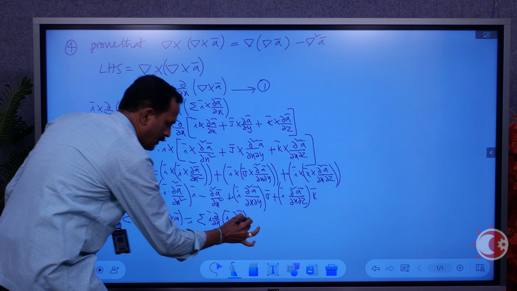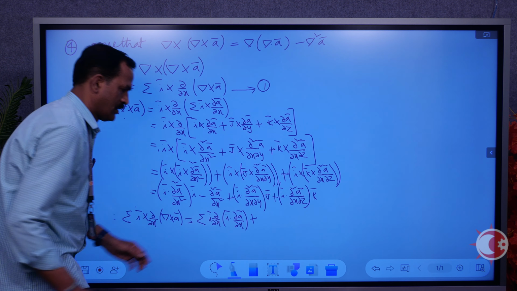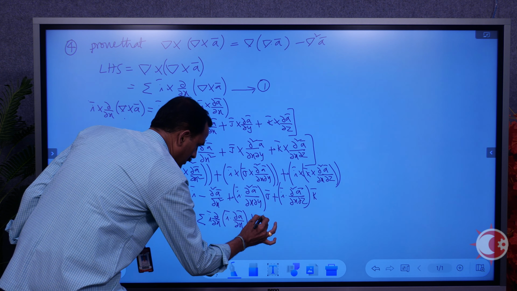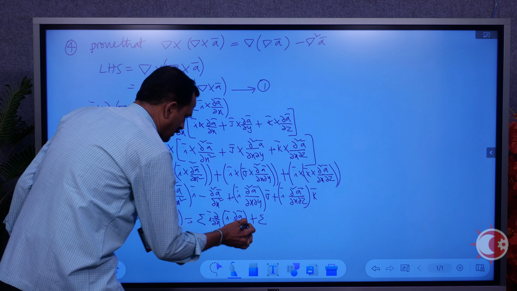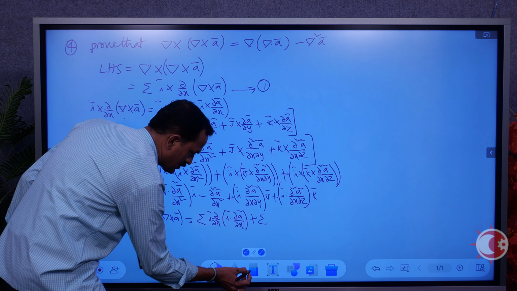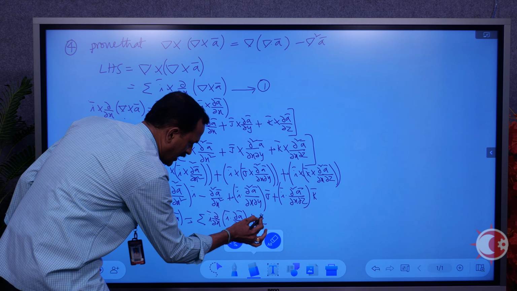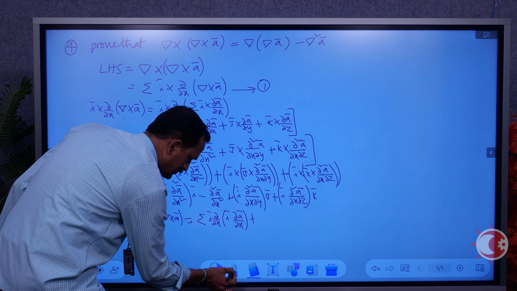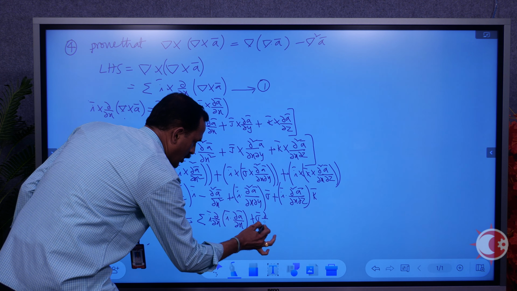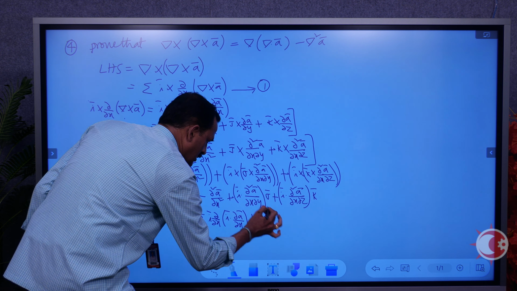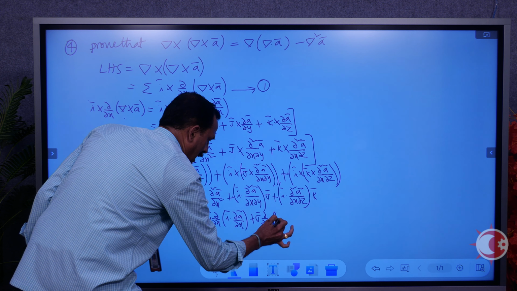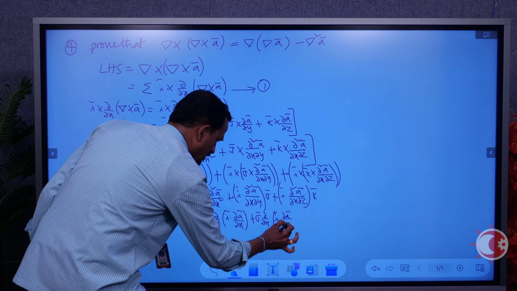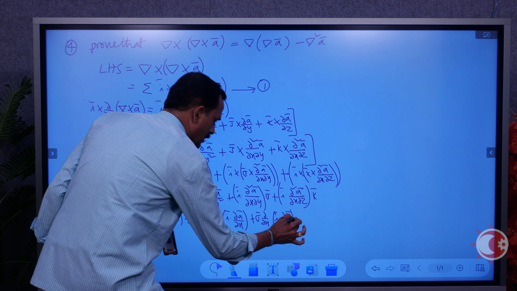Plus, coming to this term, applying sigma again, writing j bar. You can write sigma as a whole, no need to write sigma again here. Now what about this? j bar into ∂/∂x of i bar dot ∂a bar/∂x∂y. Taken ∂x outside, remaining ∂y.